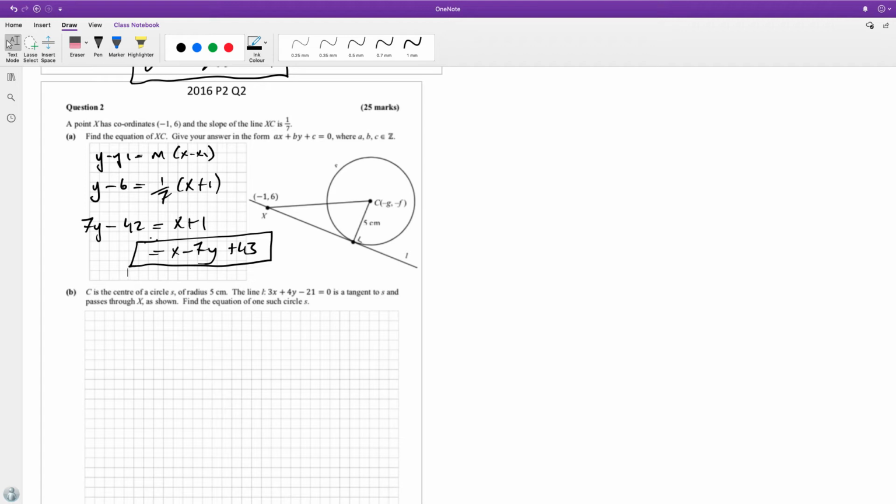So a is 3, b is 4, and c is minus 21, and what's our x1, y1? Minus g, minus f, right, off we go. And we know what that's equal to? 5, exactly.